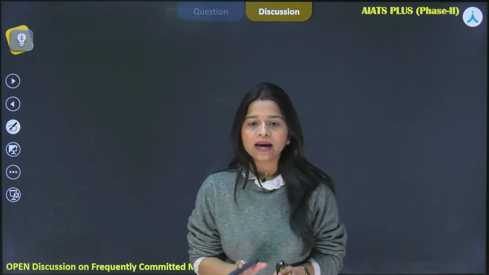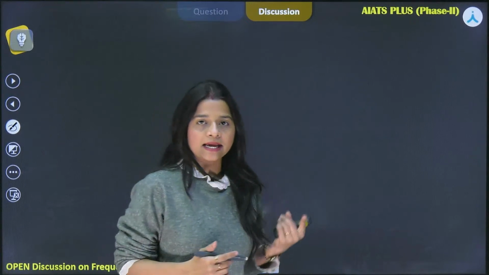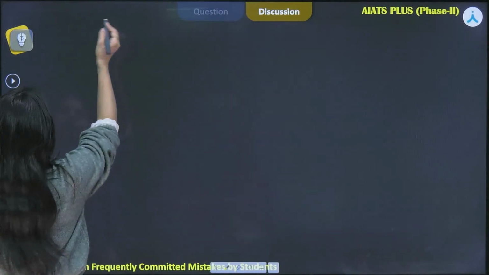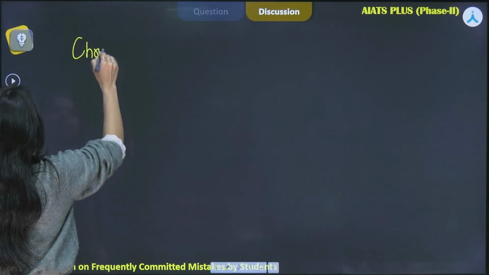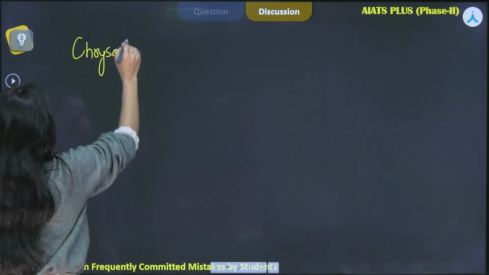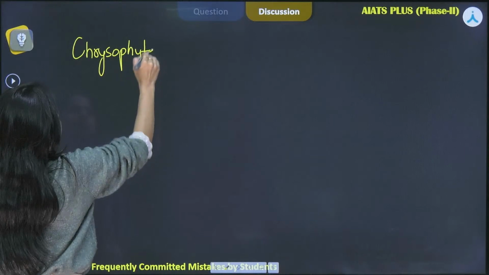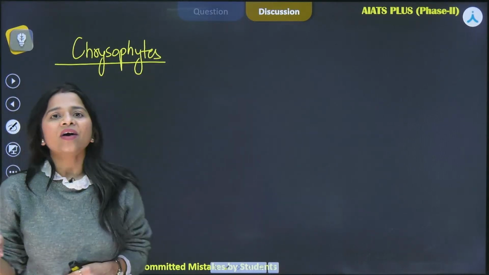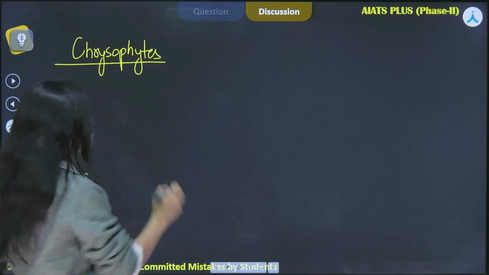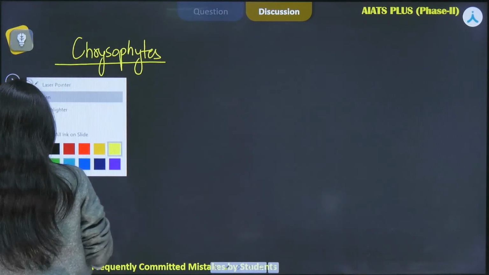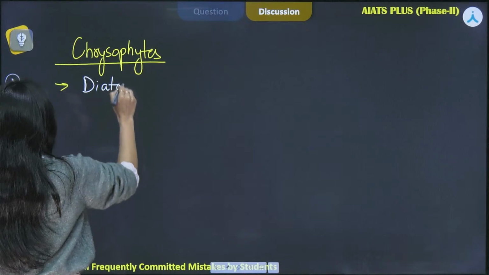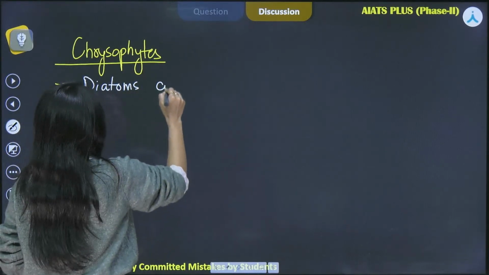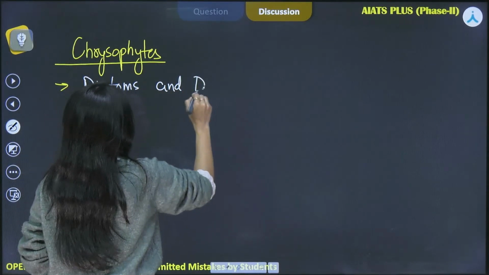You already know by now that they are under the kingdom Protista. So what are the characteristic features of chrysophytes? Basically chrysophyte is a group under which the organisms are diatoms and desmids.